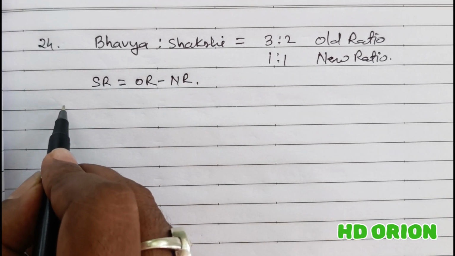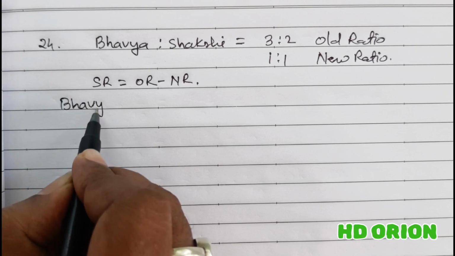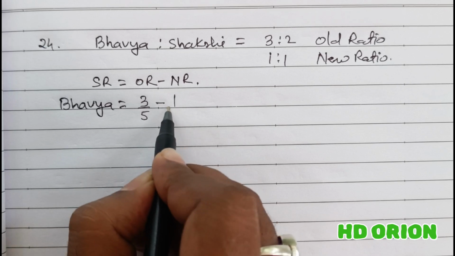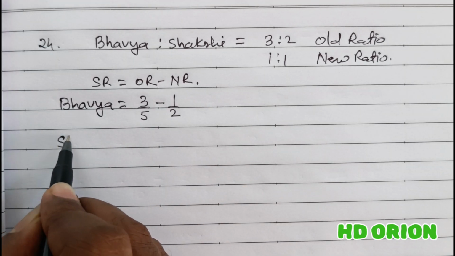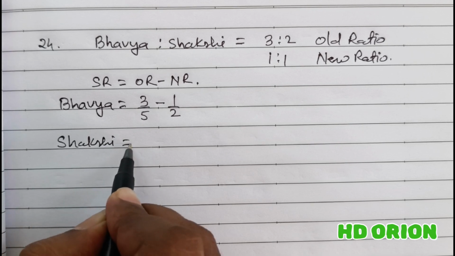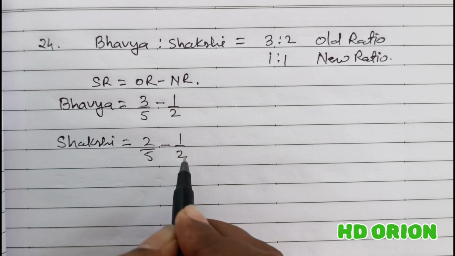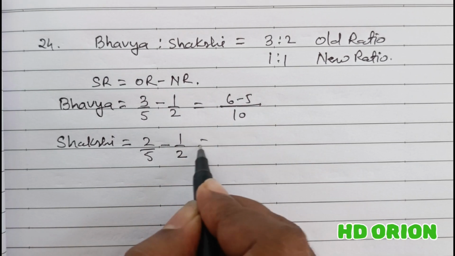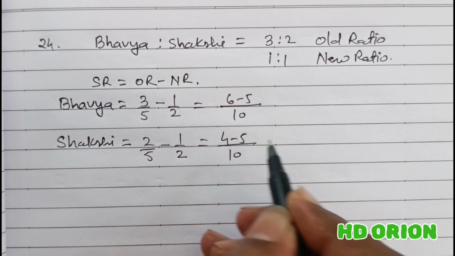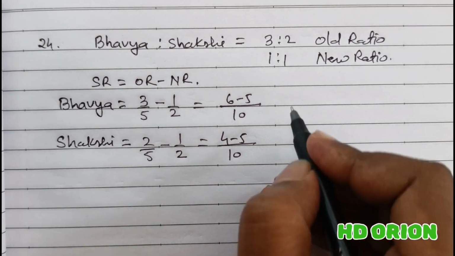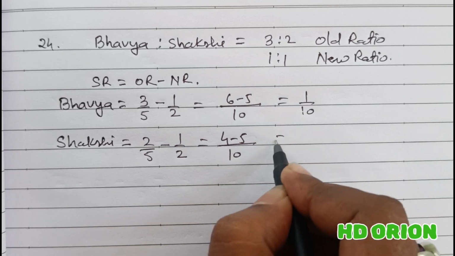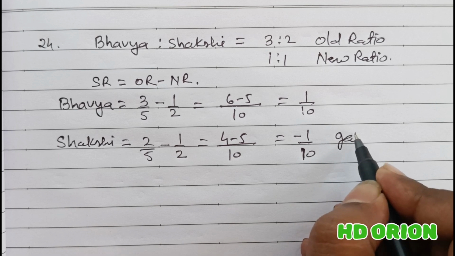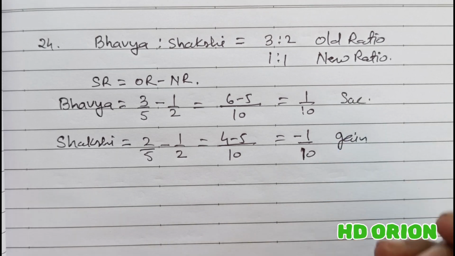Let us calculate for Bhavya: old ratio is 3/5 minus new ratio 1/2, and for Sakshi, old ratio is 2/5 and new ratio is 1/2. LCM is 10, so 6 minus 5 and 4 minus 5. So we get 1/10 here and minus 1/10 here.